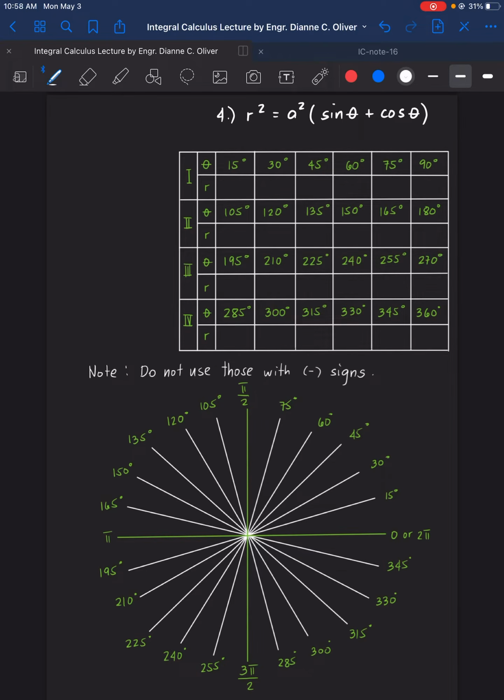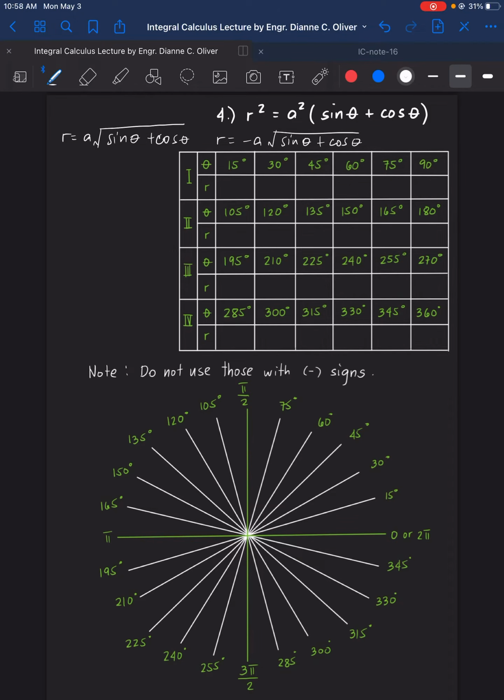2r. The radius here is equal to a square root of sine theta plus cosine theta. That's the first r. The second r will be negative a square root of sine theta plus cosine theta.